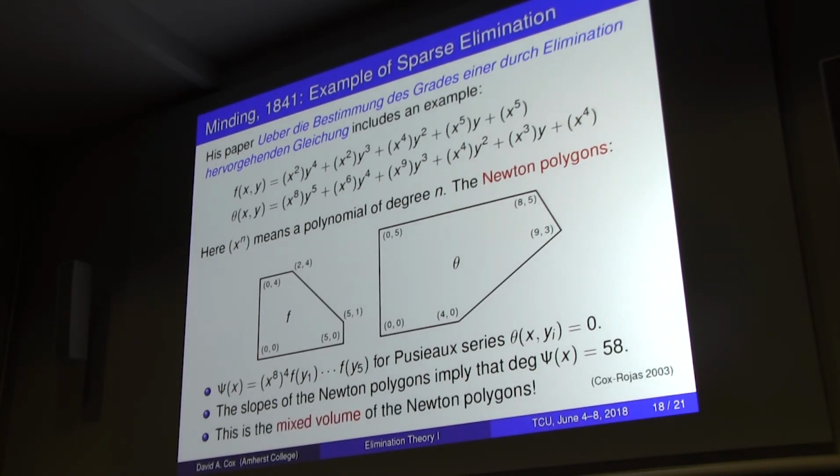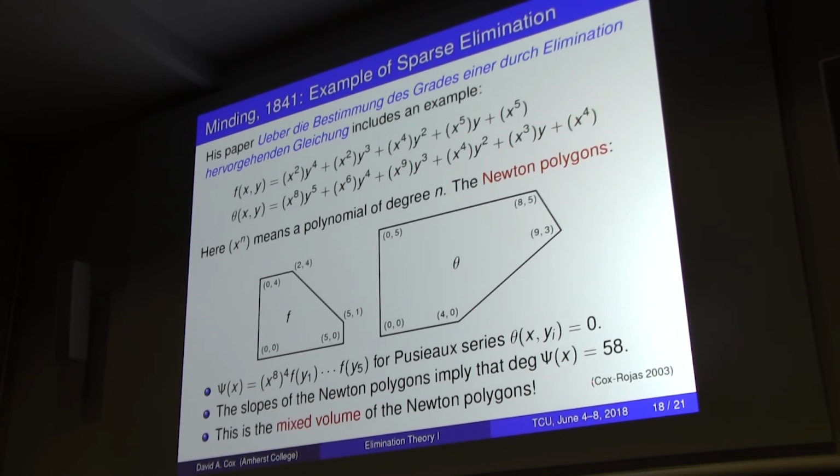So this is a genuine mixed volume computation, where these two polygons have nothing to do with each other. So this is definitely beyond the kind of thing that Bezout did, because when Bezout did his kind of thing, he assumed his polygons were always of the same form, basically in the same chamber of the secondary fan. And this is something quite different.